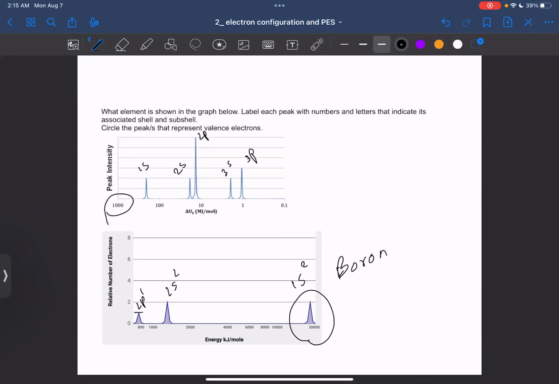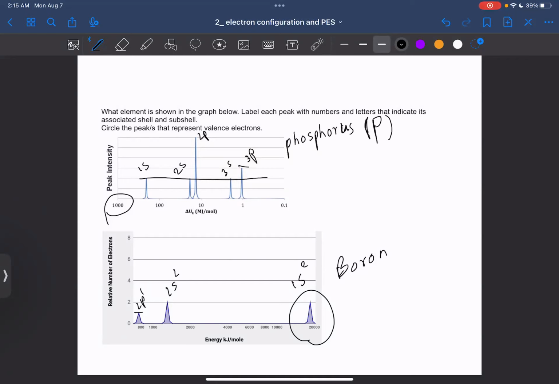Again, how do we know? This is 2, so that should be 3, 2p3. So since we know that it has 3 electrons, we're going to say 3p3. That's phosphorus, and the symbol is big P.